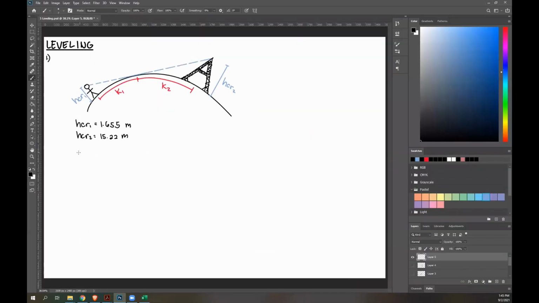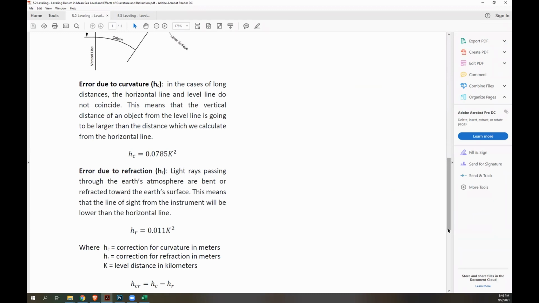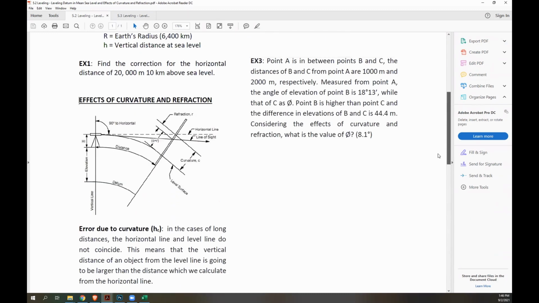So if we're looking for total K, KT is the total distance between 2 points along the level surface. That's K1 plus K2. And again, our basic equation, HCR equals 0.067 K. Therefore, is this K or K squared? Let's double check. K squared.